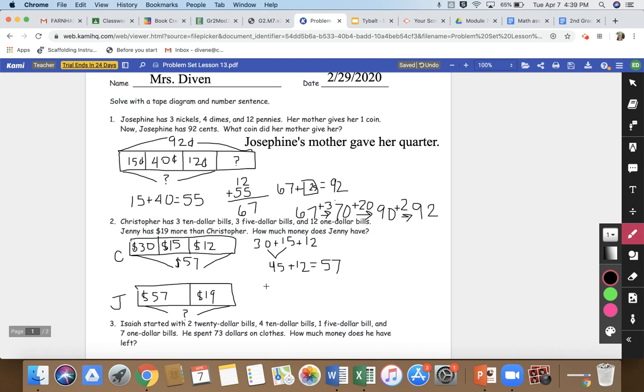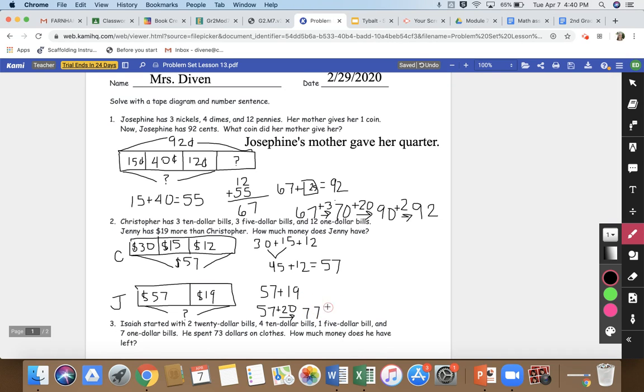So 57 plus 19. Well, I know that 19 is really close to 20. So if I wanted to add 1 to my 19, I could say 57 plus 20, and that's going to give me 77.